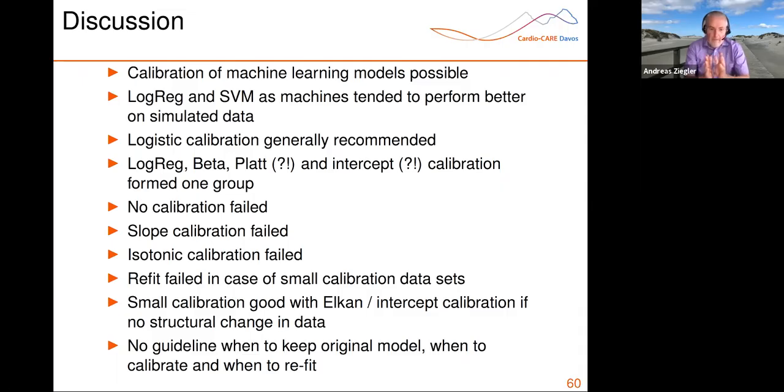If you have a whole data set available that you can rely on because you have it in your hospital information system, like the electronic health record, then you can already do this calibration on this initial data set and then apply it to your patients already. This is very similar to the setting we've used in the simulation study, where we started with the training data. Then we had one data set that we trained the calibration model on, and then we applied it to a validation data set. In this case, we followed just this idea. So we are currently developing an app to make this model available.